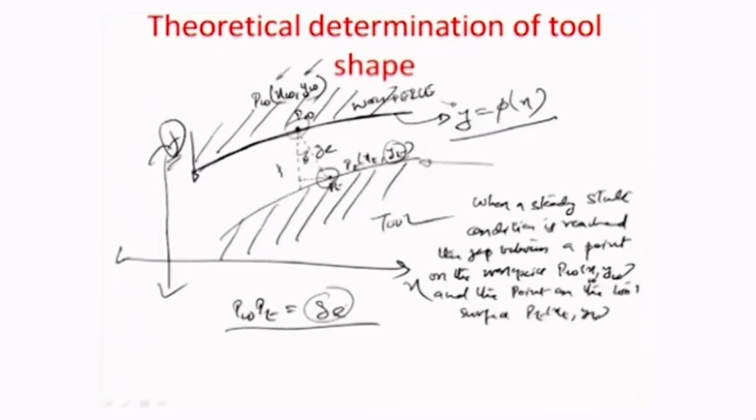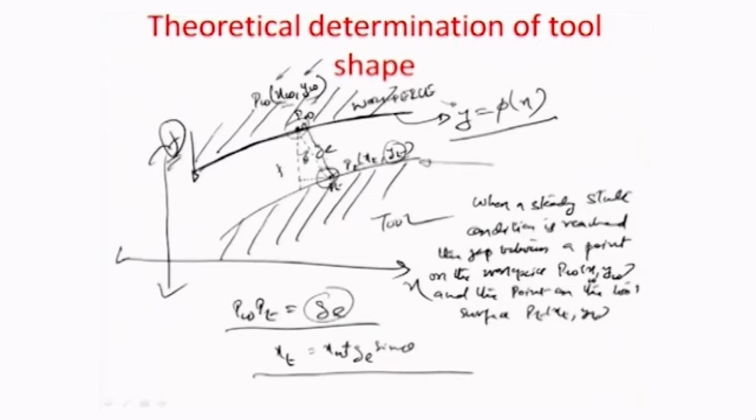So, if we look at the positional relationship between these coordinates xw, yw and xt, yt, the xt is forward displaced from the xw by an amount G sin theta, where G is this gap here between Pw and Pt, right.